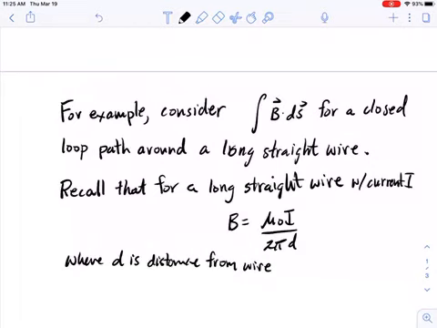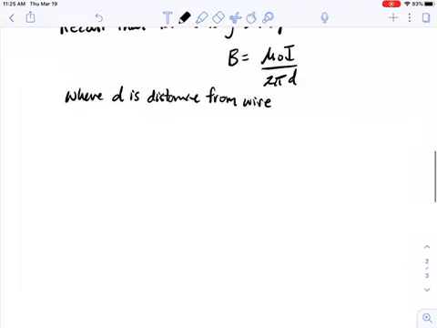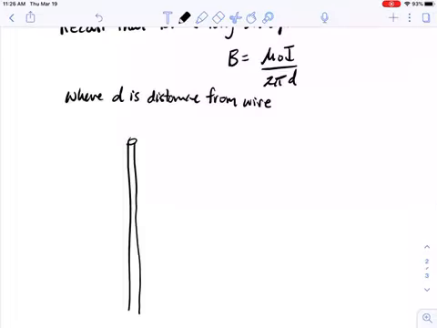Okay, so here's our long wire, and here is our current I. And what we're going to do is choose a path that goes around this wire that is circular, and it has a radius d.